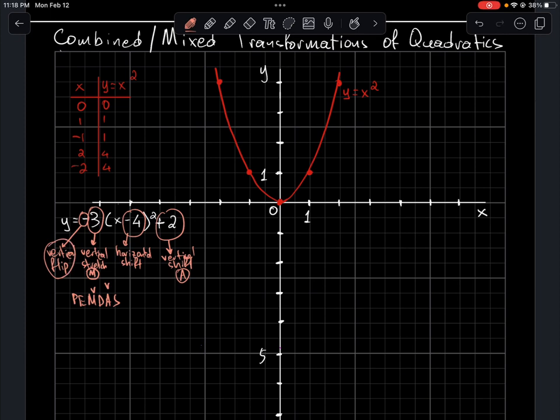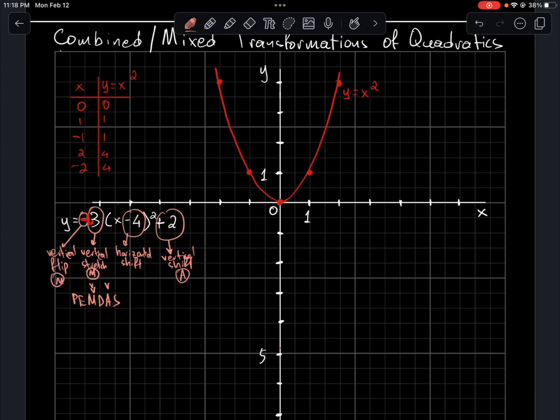Now what about the flip? What is the flip? I can think of it as multiplication as well. This negative means really negative 1 times 3. So this is also a multiplication.